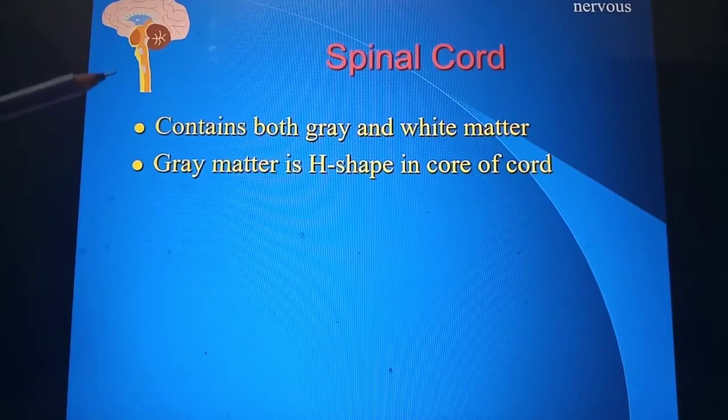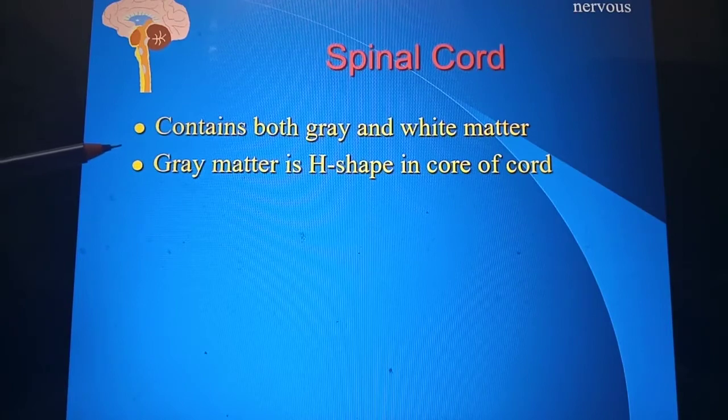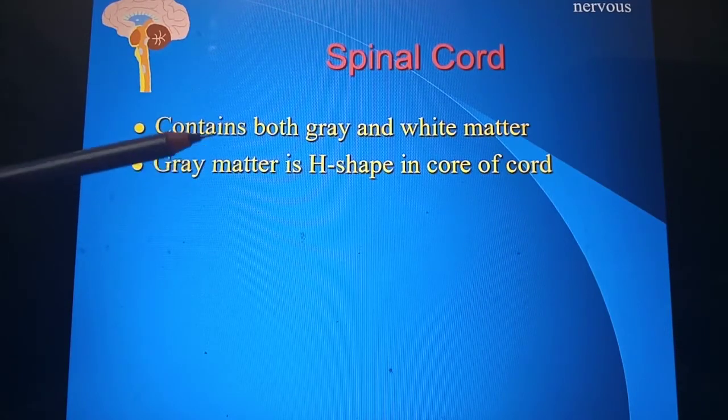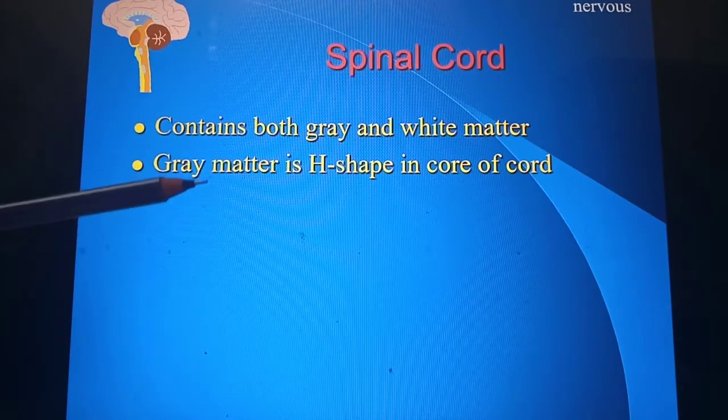Spinal cord, we have not studied this in detail in the previous classes. It contains both gray matter and white matter. This is a cross section of the spinal cord. In reality, if anybody's spinal cord is cut, that's the end of their ability to move the parts of their body below the spinal cord level. Suppose the spinal cord is injured at the cervical level, the neck level.